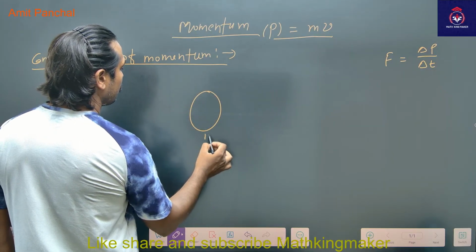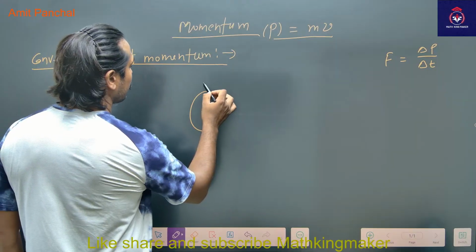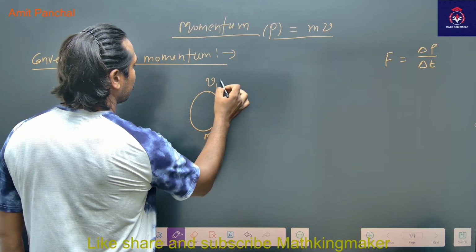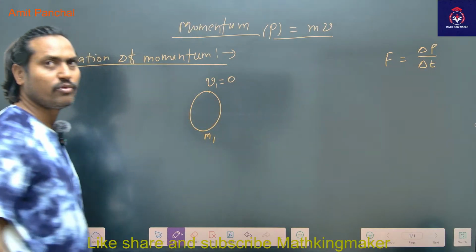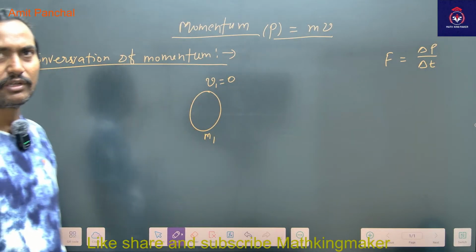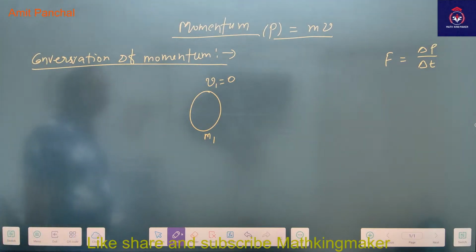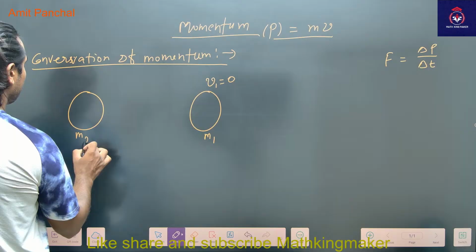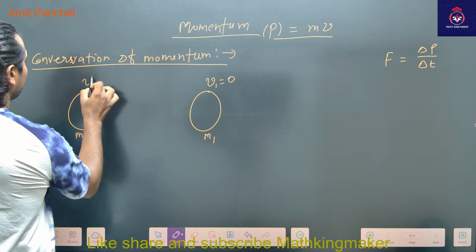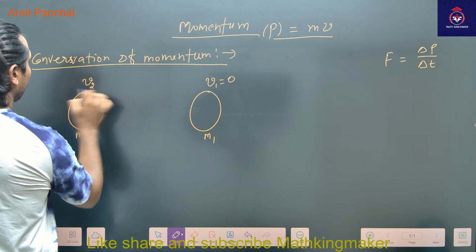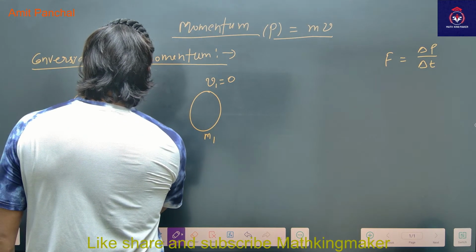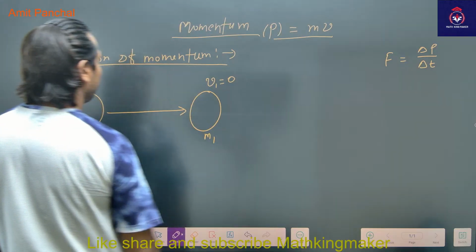This is your M1 body and it is in a stable condition. That means it is not moving, its velocity is 0. And a body of mass M2 is coming from here with the velocity of V2. It is moving towards this body.